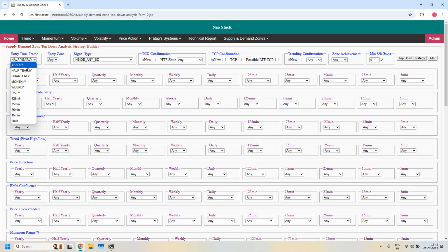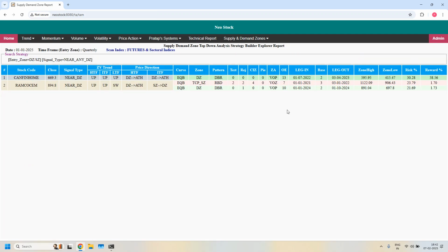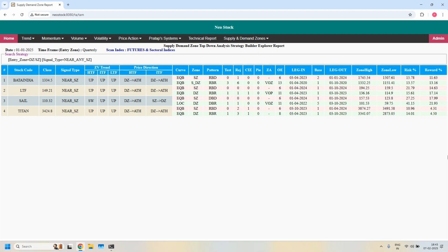Next time frame is quarterly, stocks near quarterly demand zone, 2 stocks are filtered. Next quarterly time frame, stocks near quarterly supply zone, 4 stocks are filtered.